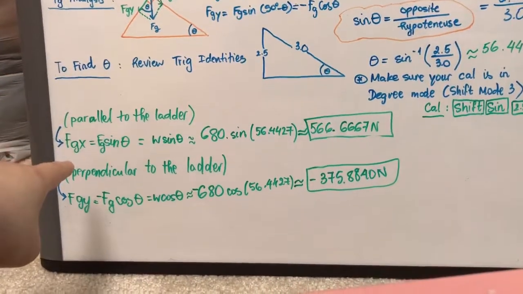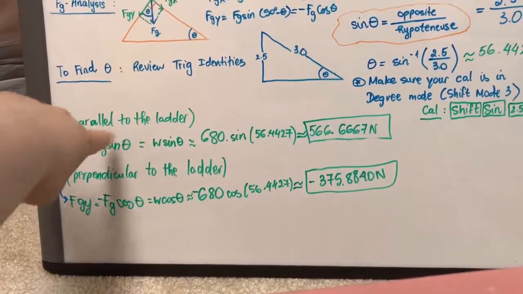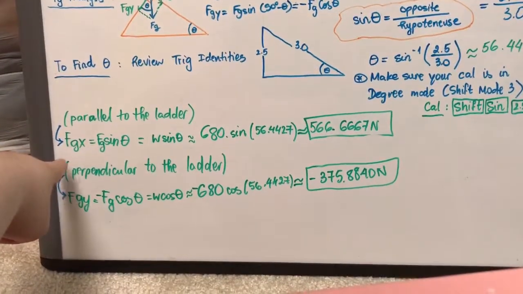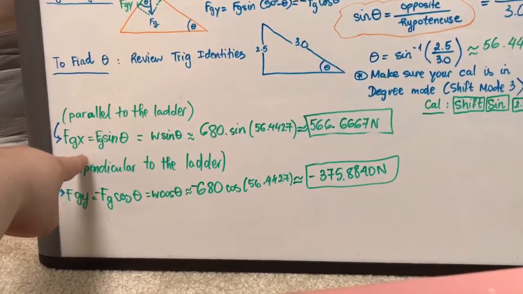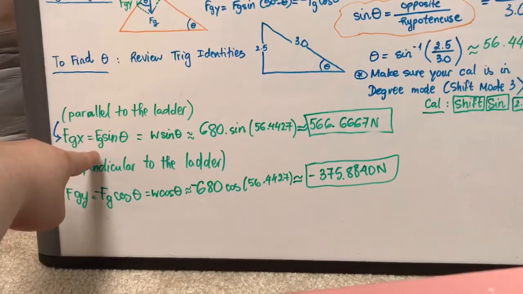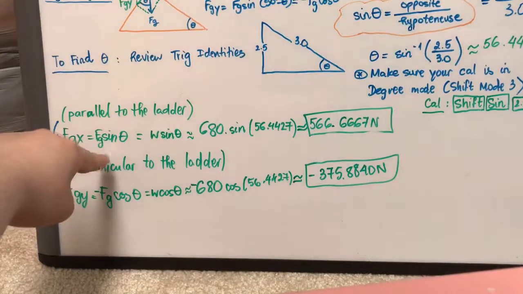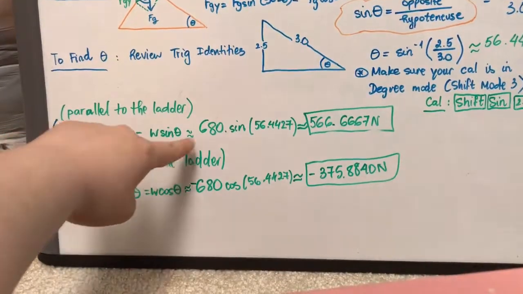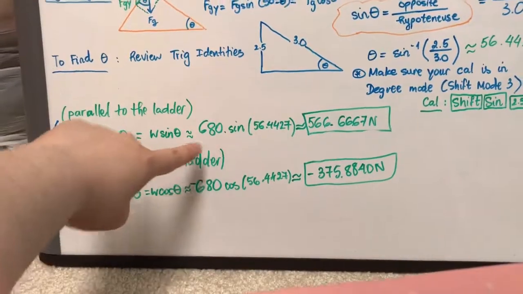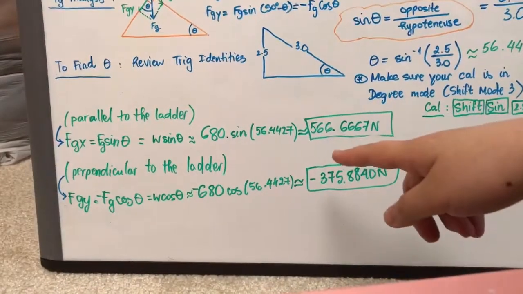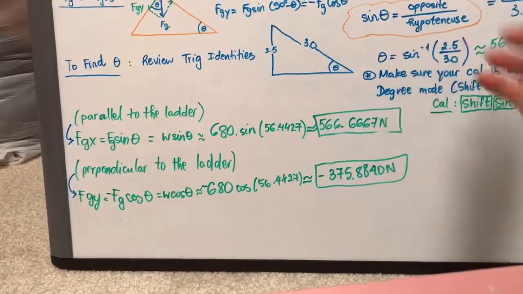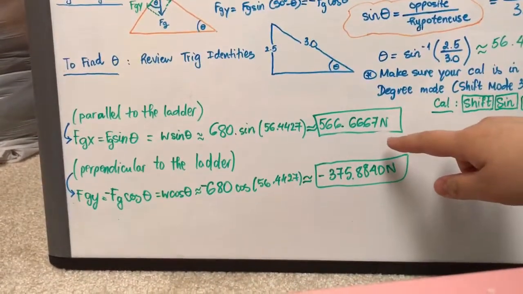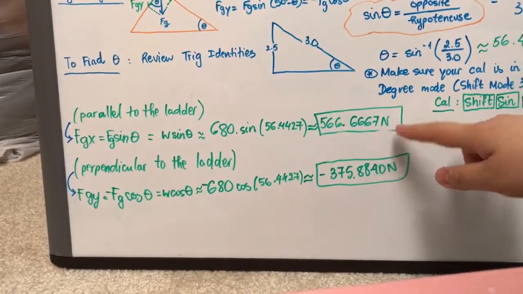The component of Tom's weight parallel to the ladder is the value of Fgx, which is the gravity force multiplied by sine of theta. We get 680 sine 56.4427, which is approximately 566.6667 Newton.